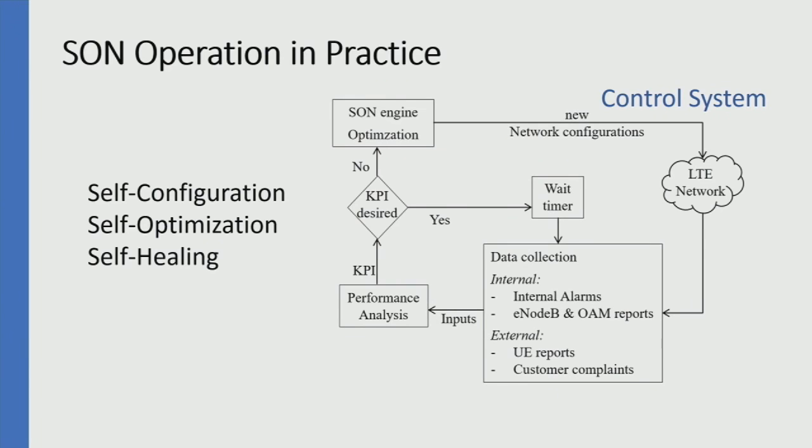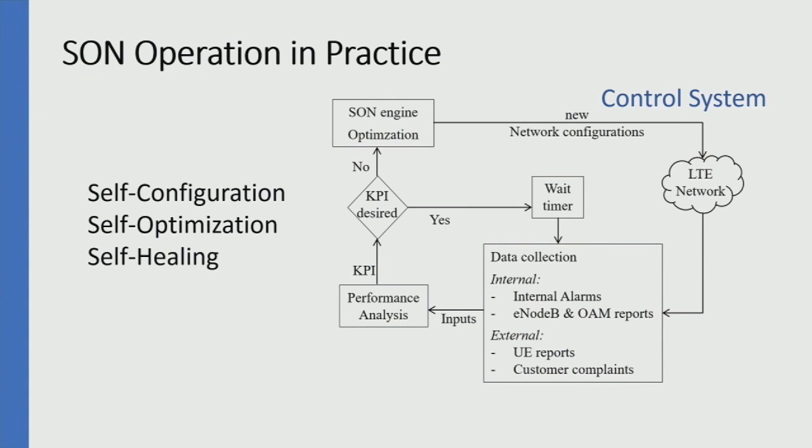There is a SON optimization engine which is sitting on the base station or maybe a central server. And since it's a control system, it has some input and some output. The input is coming from 2 different sources. One is internal. For example, when calls are being placed, the call quality and this kind of information is stored in the base station.